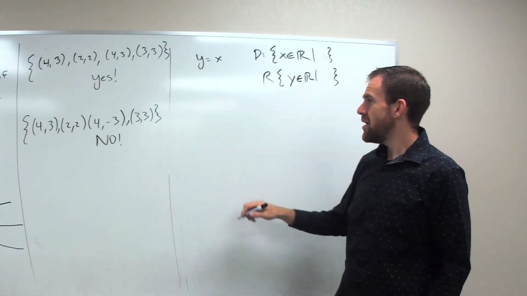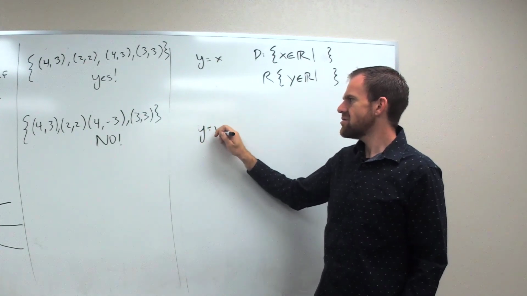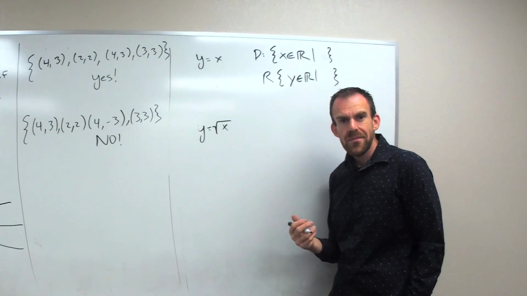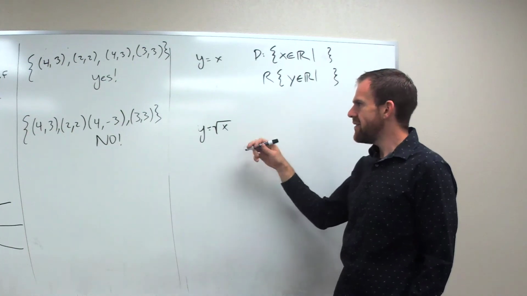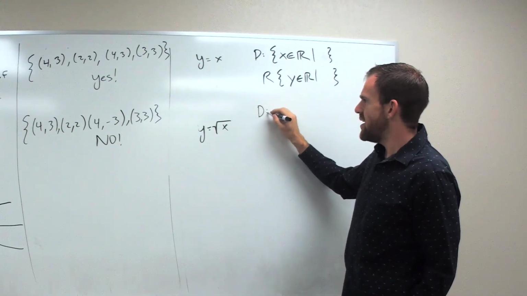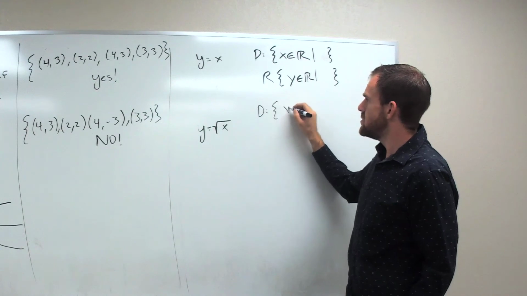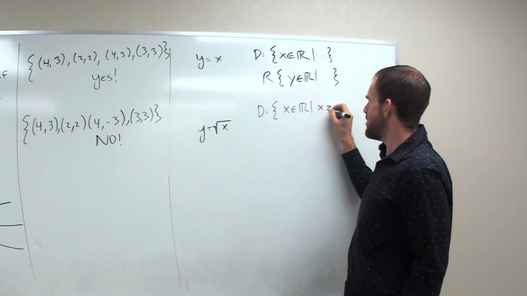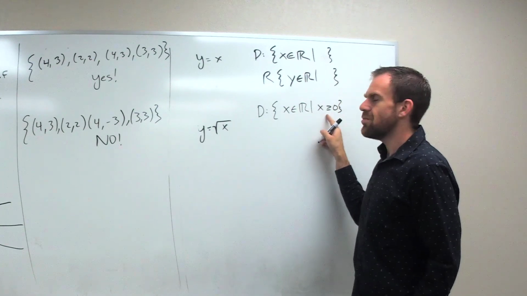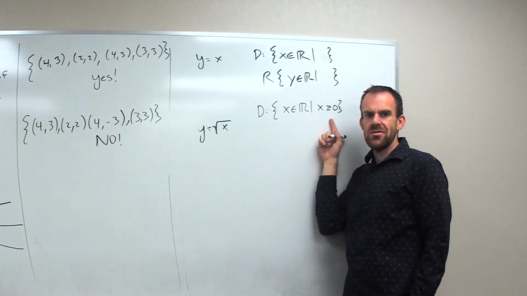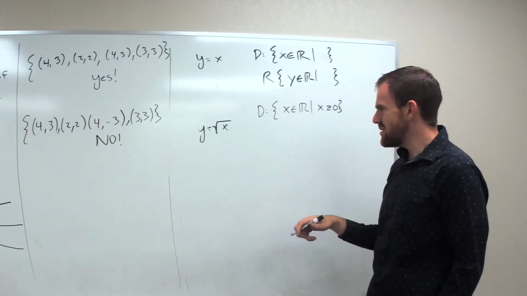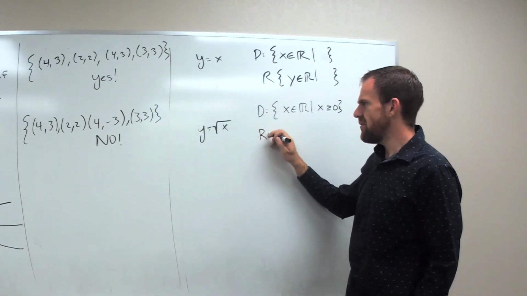But when I get to more difficult functions, like the square root of x, there are some restrictions. Why? Because I cannot plug in a negative number. So when I write my domain, x is in the real numbers, but x must be greater than or equal to 0. So you'll write the condition afterwards. Now, what kind of numbers do we get out of the square root? And this is something that you should just know off the top of your head.